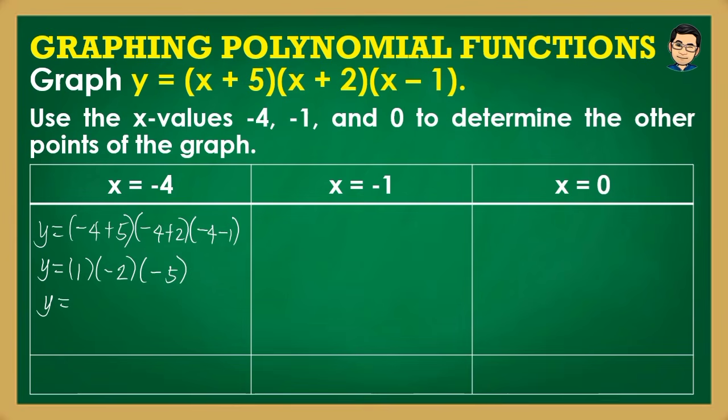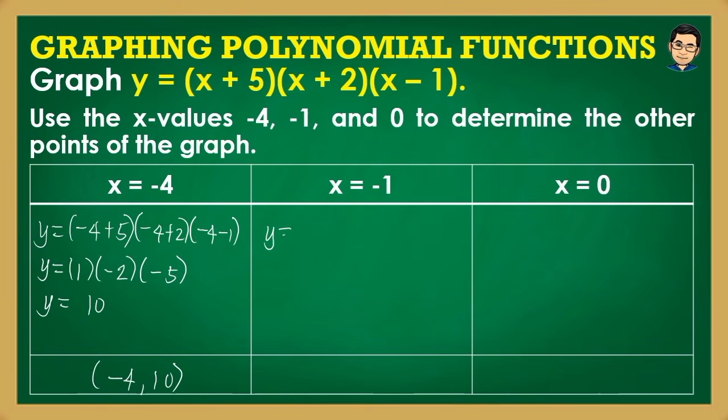And then, we multiply the remaining factors, 1 times negative 2, that is negative 2, times negative 5, that is positive 10. So, the value of y is 10. And then, yung coordinates natin, yung ordered pair, negative 4, and 10.